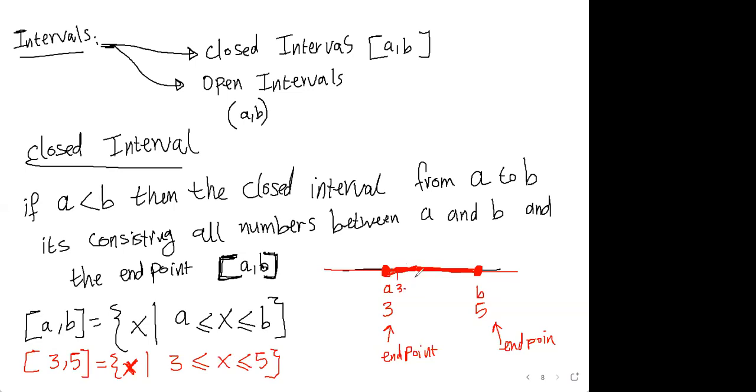X means a value, an element between 3 and 5, and also X equal to 3 and X equal to 5, because of the equal sign. Yes, the equal. I hope it makes sense.